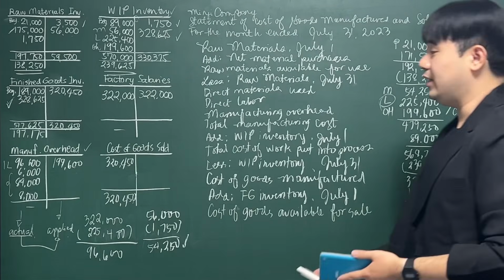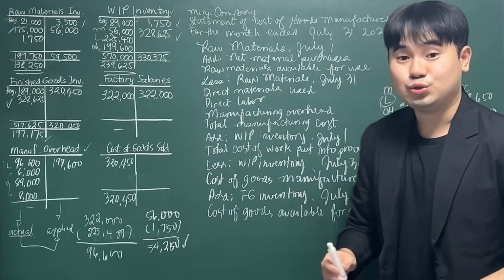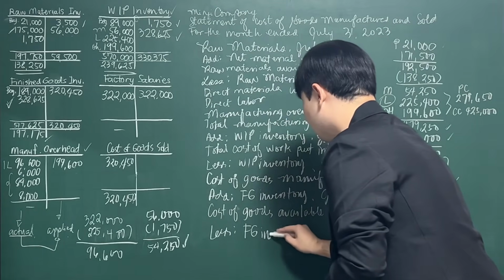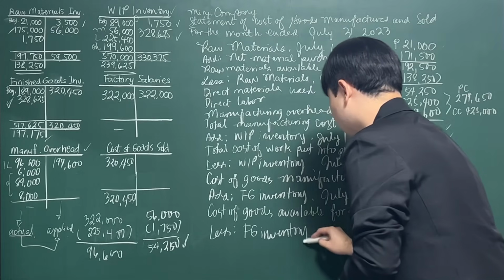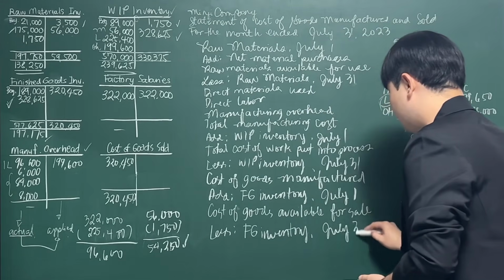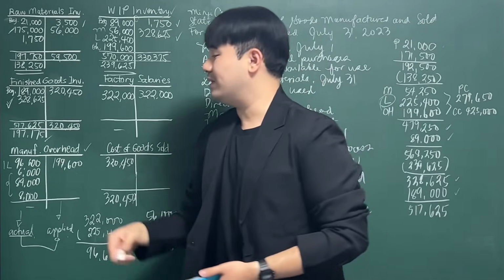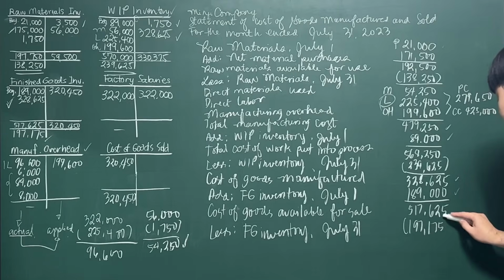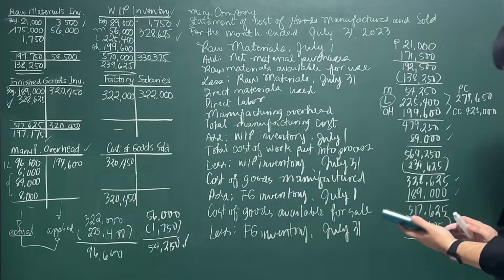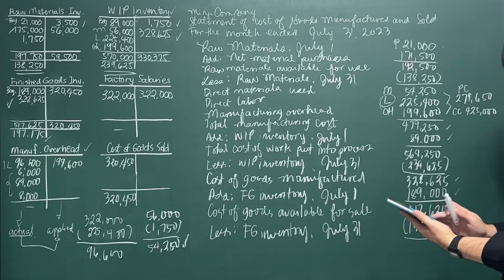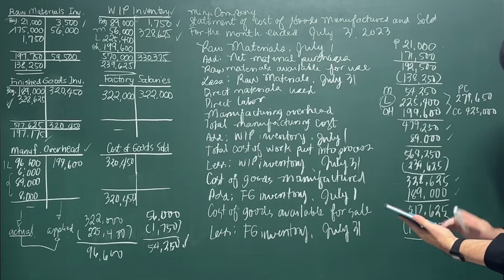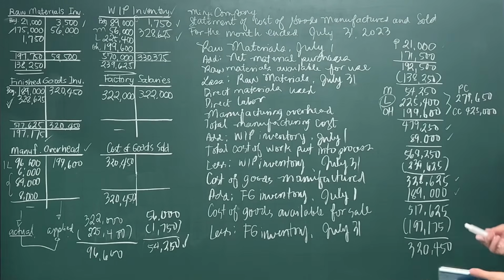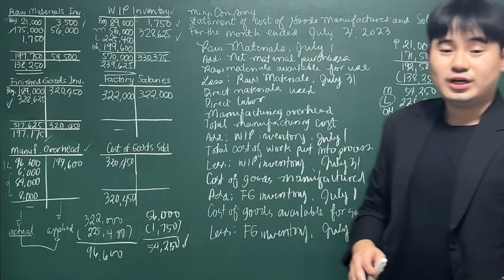Then we deduct the ending balance of your finished goods inventory, which is 197,175. This is 320,450.